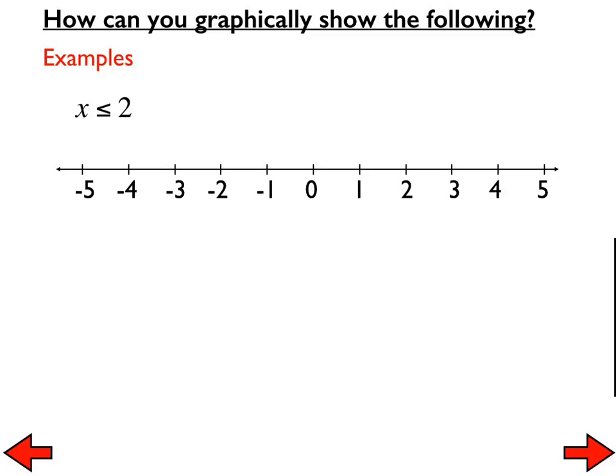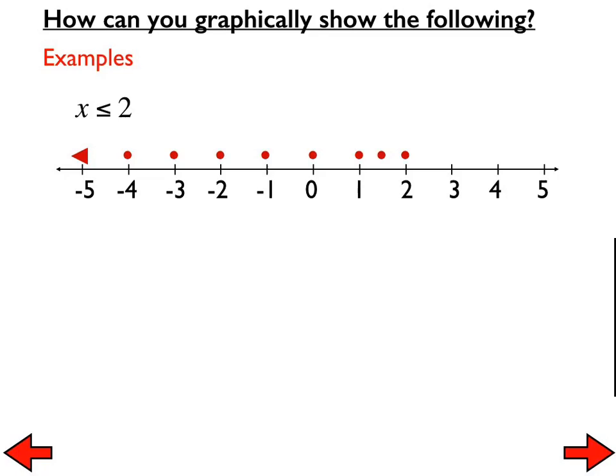If we wanted to graphically show x is less than or equal to 2, we're talking about all the numbers on that number line that are less than or equal to 2. For example, 1 is less than or equal to 2, and 0, and 2 is less than or equal to 2, and negative 1, negative 2, negative 3, negative 4 are all less than or equal to 2.